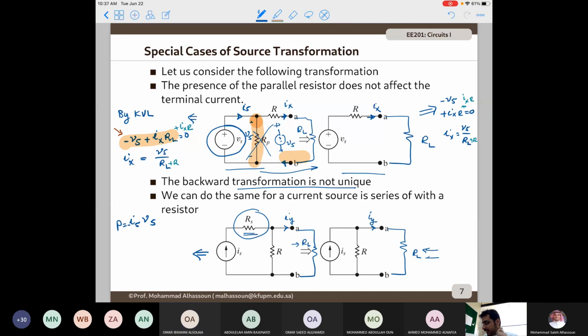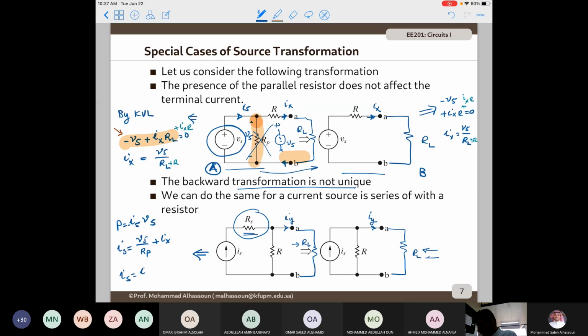In this case, what is IS in this circuit? Let me call it A. IS will be the summation of, say, VS divided by RP plus IX. Right? Okay. What about in circuit B?